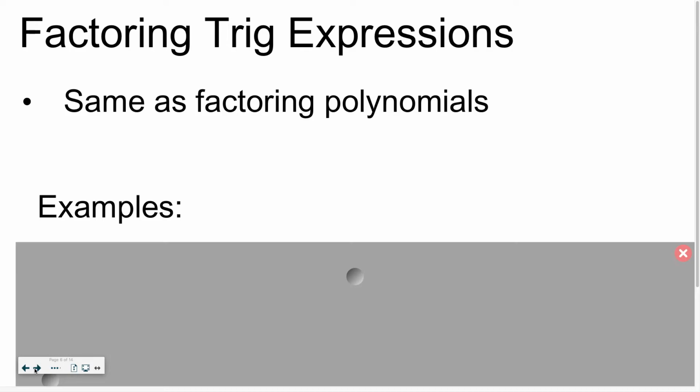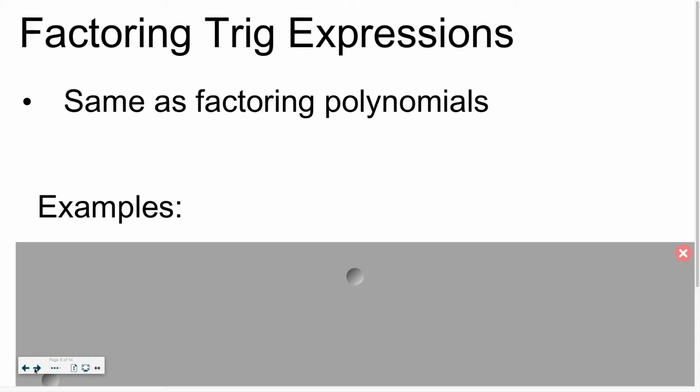Factoring a trig expression is the same as factoring a polynomial. You have the same rules. If it's a trinomial, I do guess and check. If it had 4 terms, I could try factor by grouping. If it has two terms, I'm going to check for maybe a greatest common factor, difference of perfect squares. I suppose there could be a sum or difference of cubes because those had two terms. And I can always look for greatest common factors.